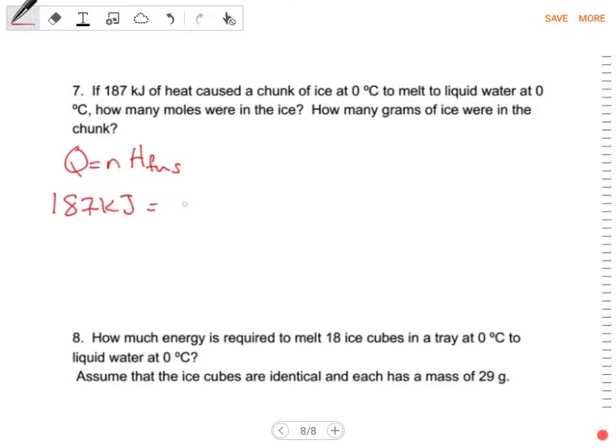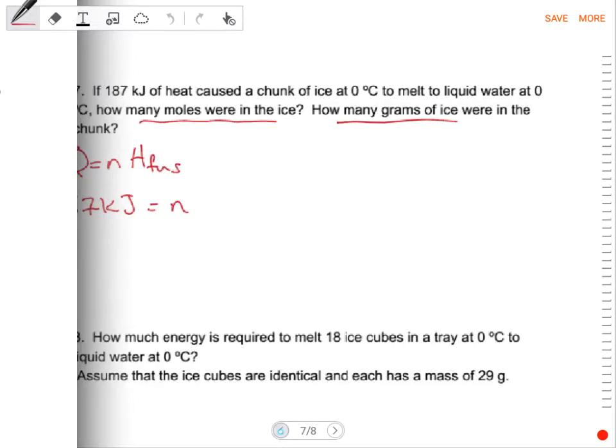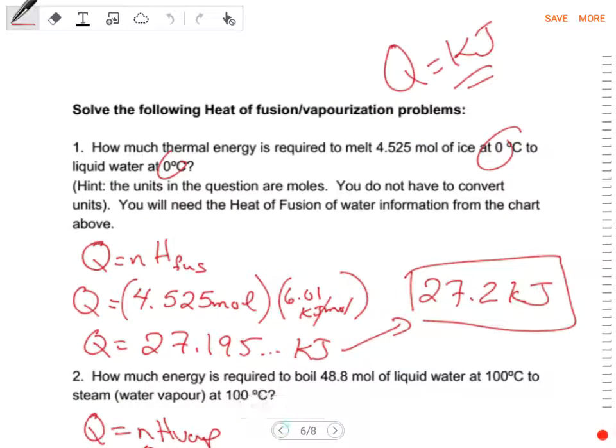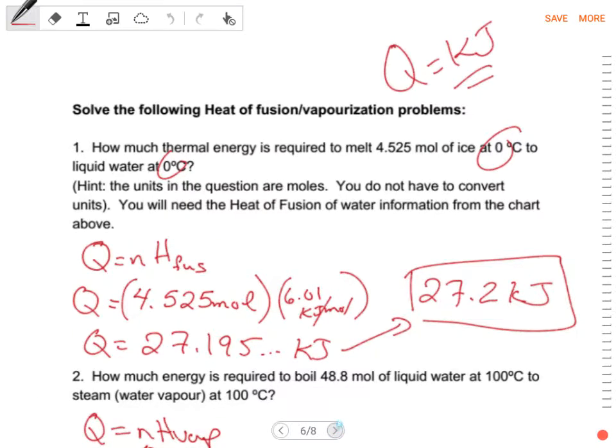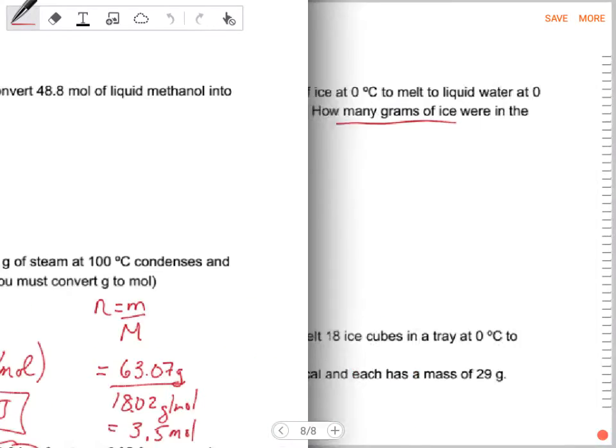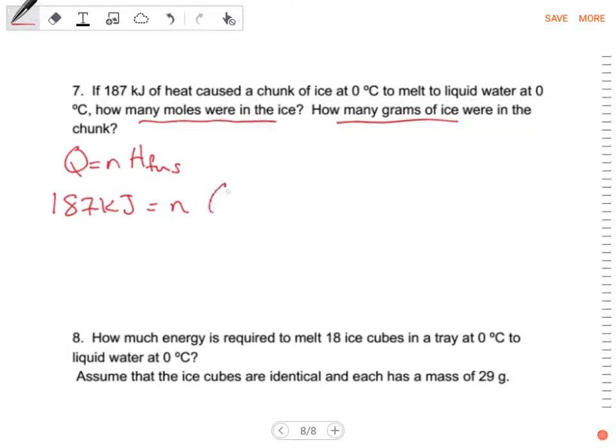We have to figure out two things: how many moles were in the ice, and how many grams of ice. Now, do we have a ΔH fusion value for water? I think we do. Yep, 6.01 kilojoules per mole.